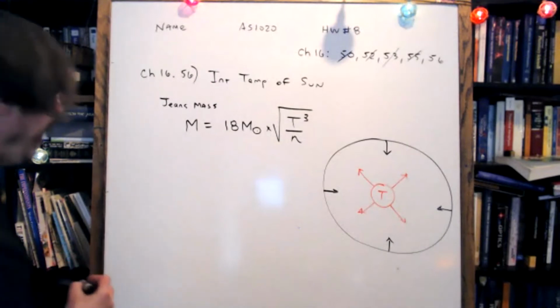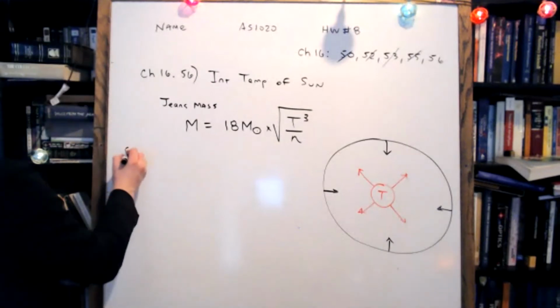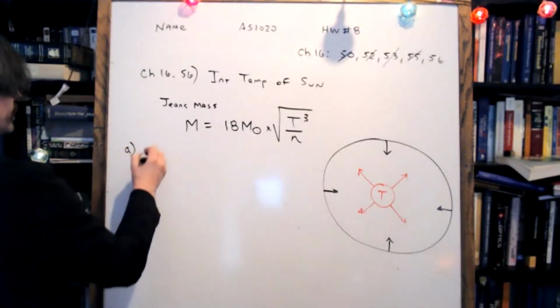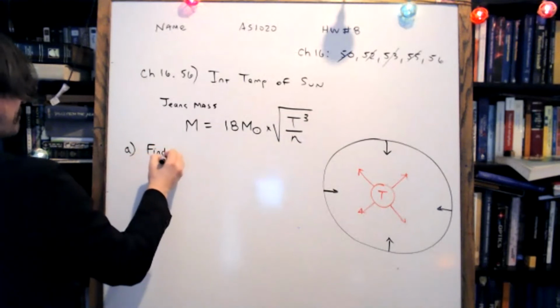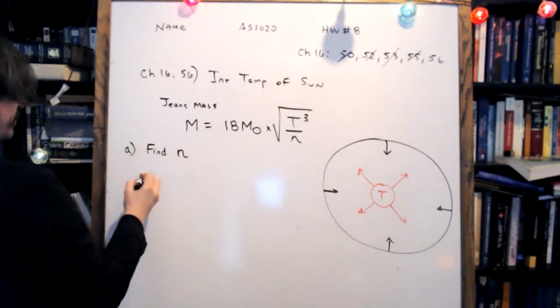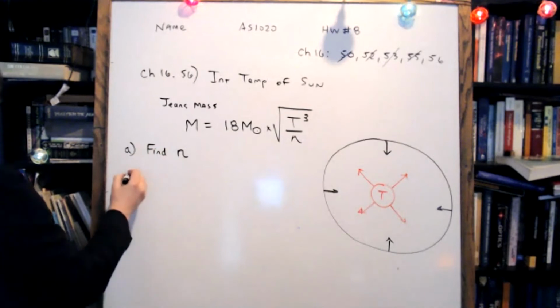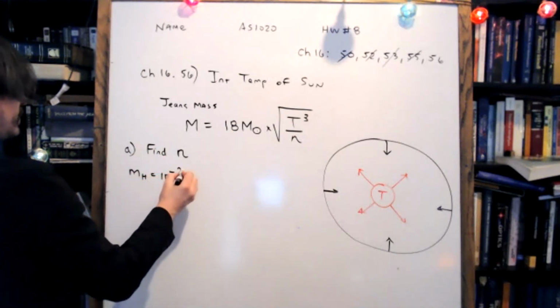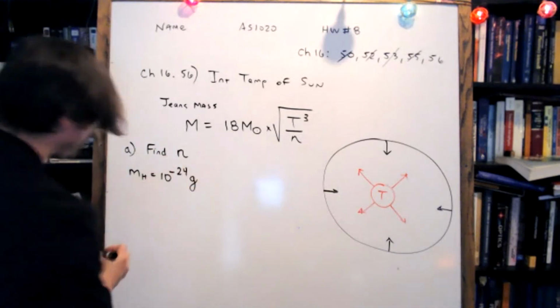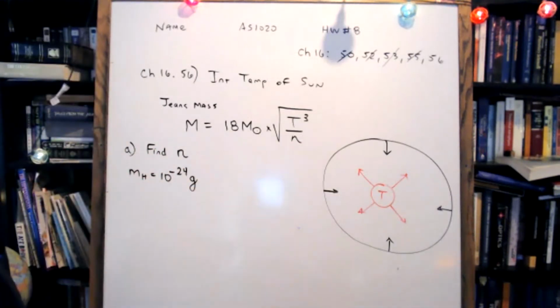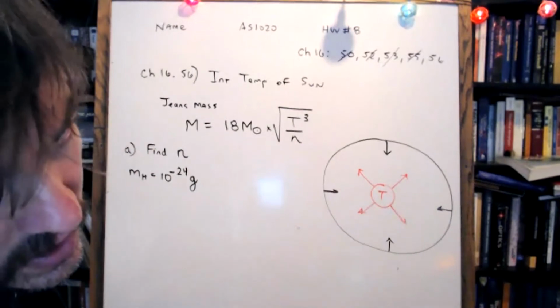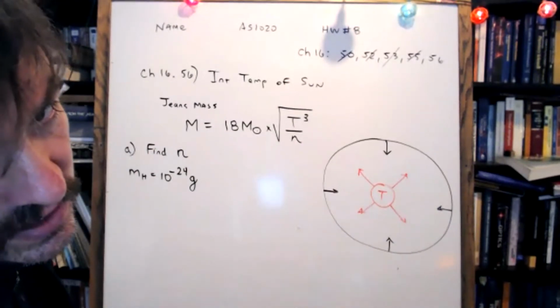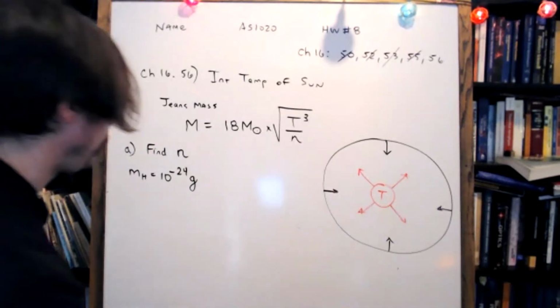Okay. A says, what is the average number density of particles within the sun, given that the average mass per particle is about 10 to the negative 24th grams? Okay. It says hint. Atom. Let's assume the sun is made 100% hydrogen for simplicity's sake. The mass of a hydrogen atom is 10 to the minus 24 grams.